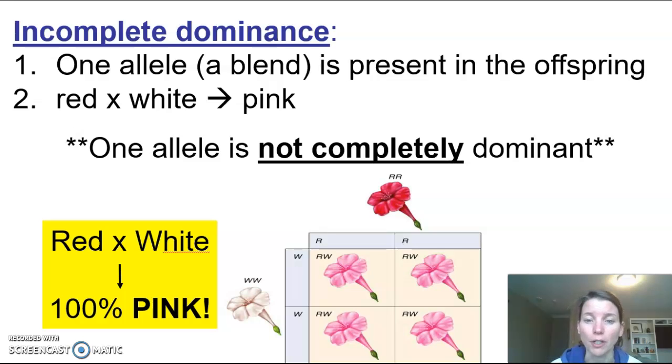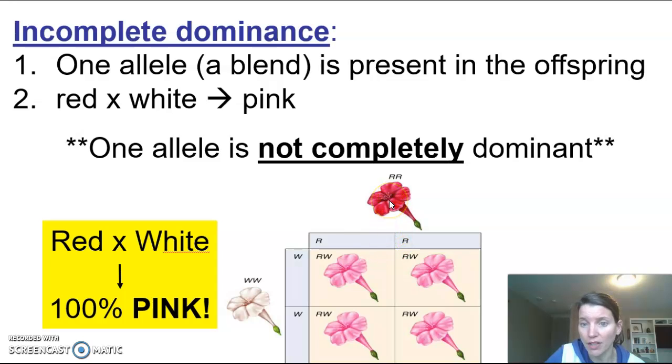So the example we have here is you have a pure red, or homozygous red, down here, crossed with a homozygous white. You'll notice that all of their offspring then are pink.